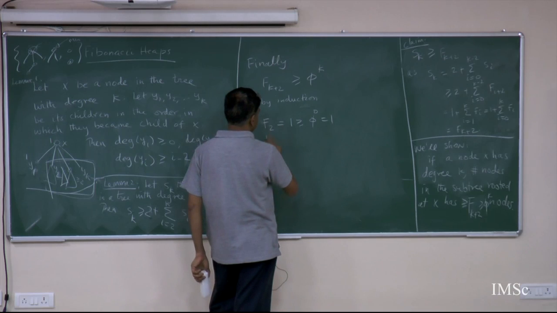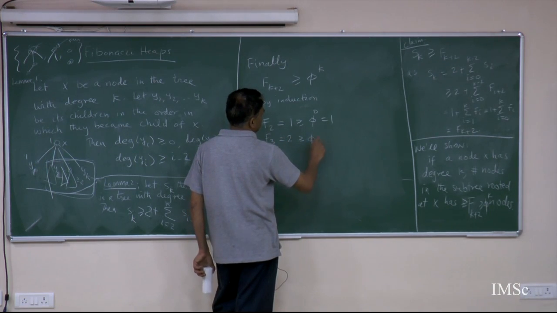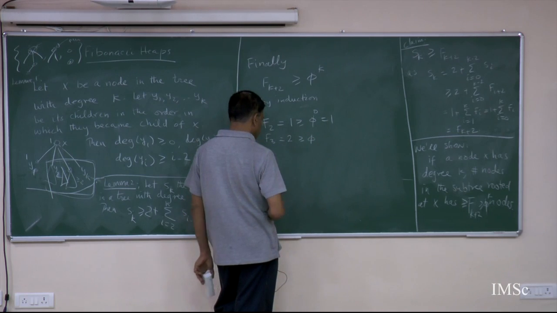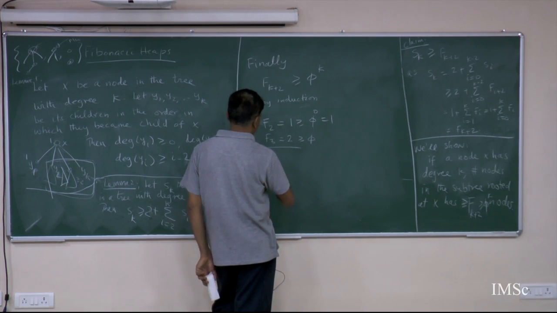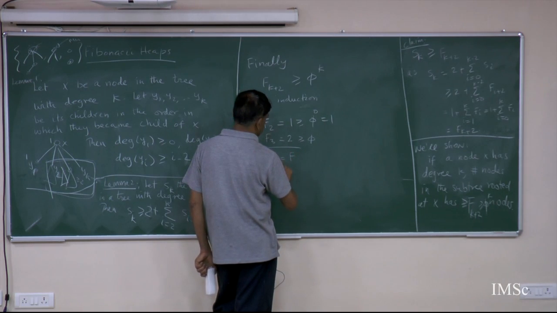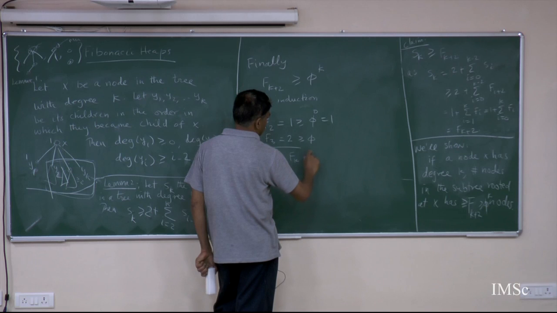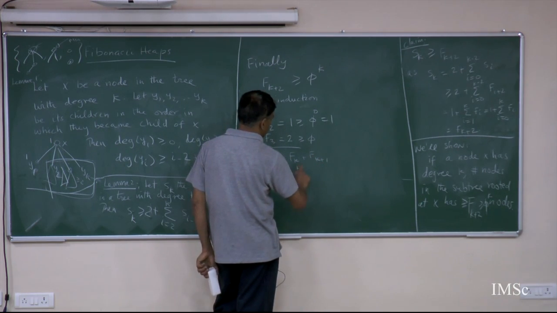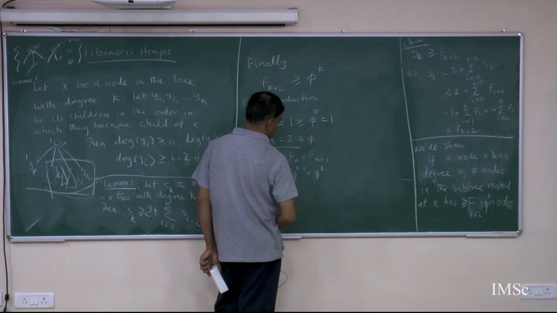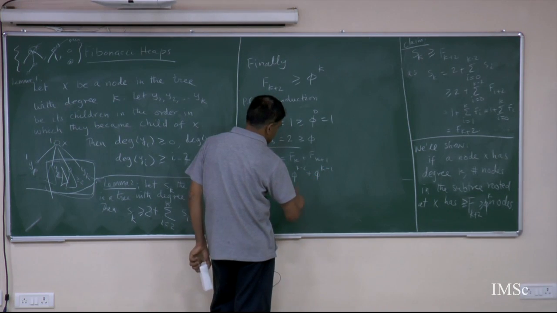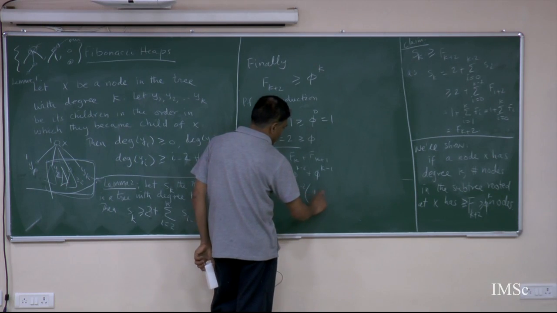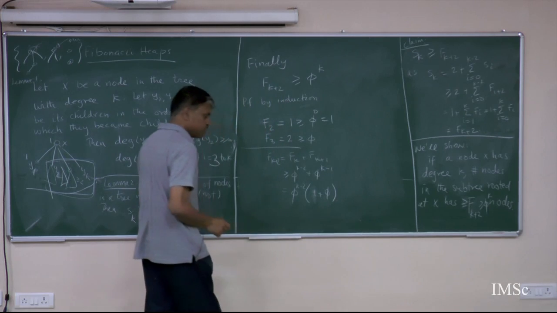F3 is 2, which is greater than or equal to φ. So assume it's true for smaller values of k, then I have F_{k+2} equal to F_k plus F_{k+1}, and this is greater than or equal to φ^(k-2) plus φ^(k-1), which is φ^(k-2) into (1 plus φ).